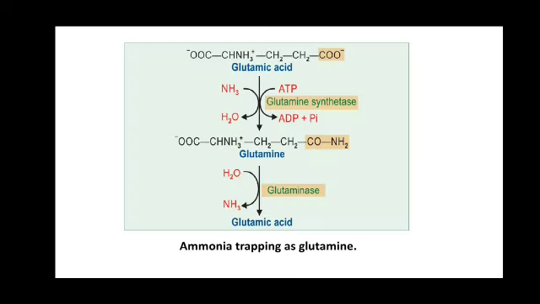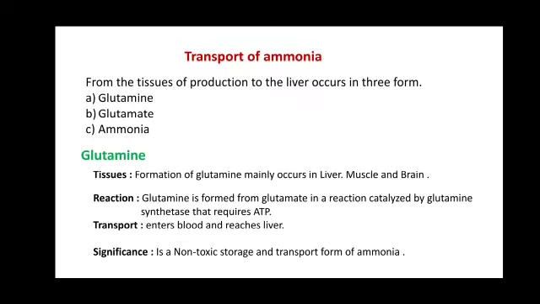So in this reaction we can see ammonia trapping as glutamine, and the transport of ammonia, which is required from the tissues of production to the liver, occurs in three forms. So wherever the ammonia is formed in the cell, it has to be transported to the liver, in the form of glutamine, glutamate and ammonia.